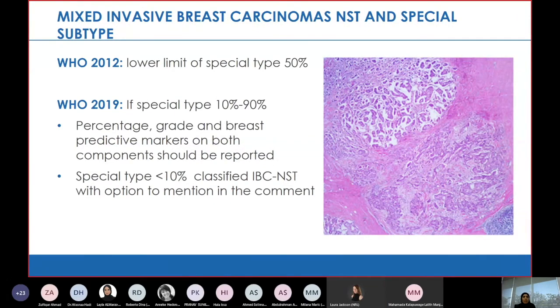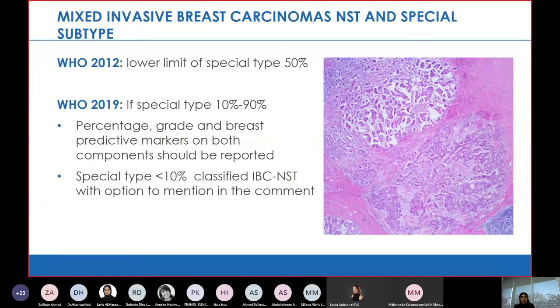Mixed invasive breast carcinoma, NST and special type. In the previous edition, the cutoff point was 50% of a special type to call it mixed. But in the fifth edition, now we have a wider range, from 10% to 90%, to call it mixed.